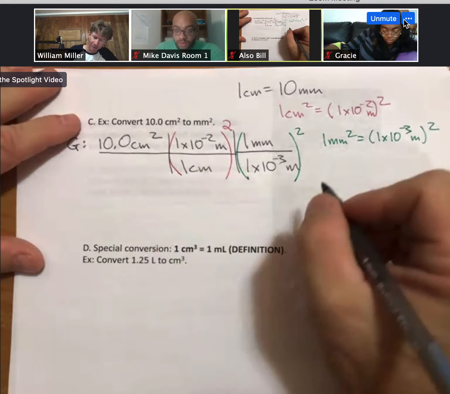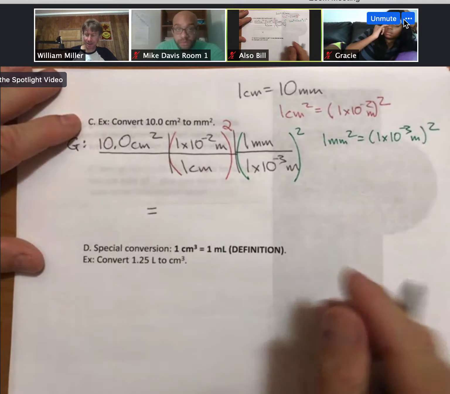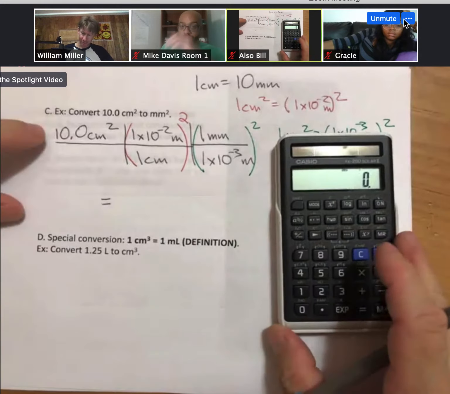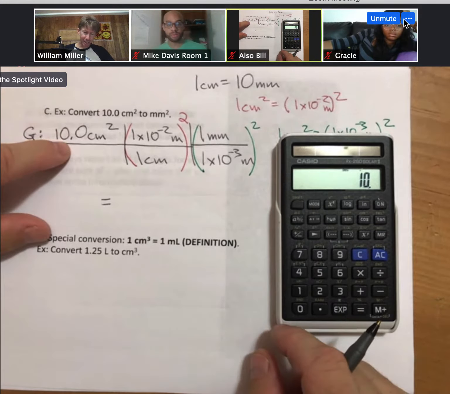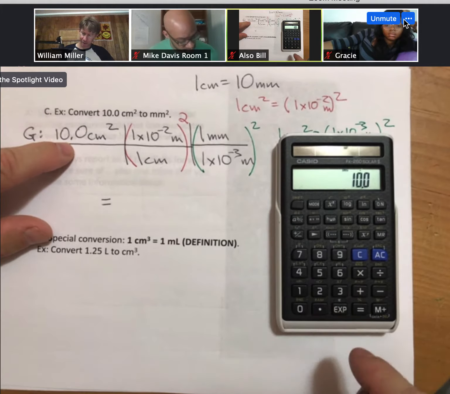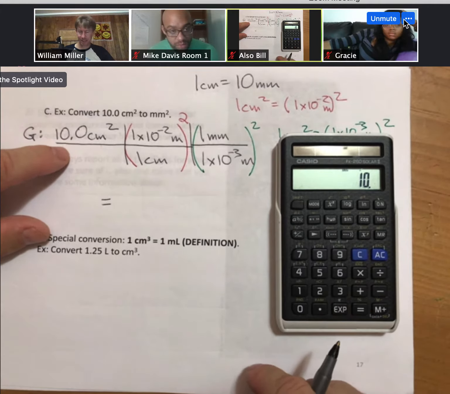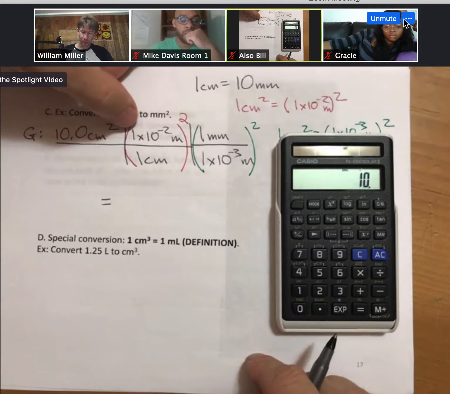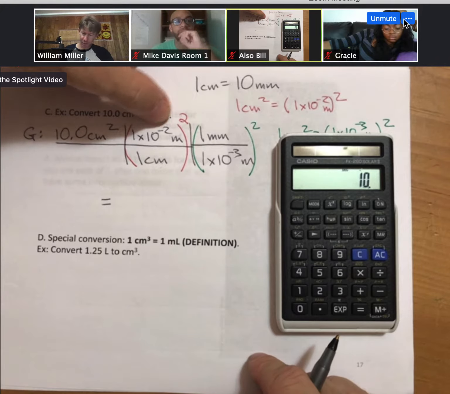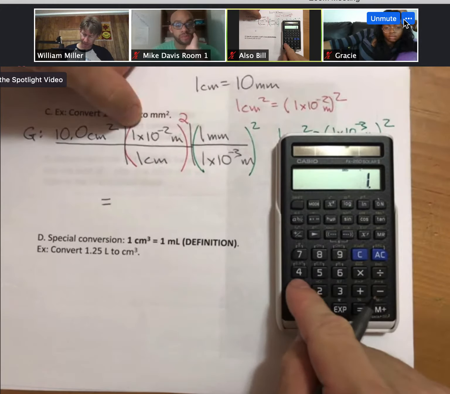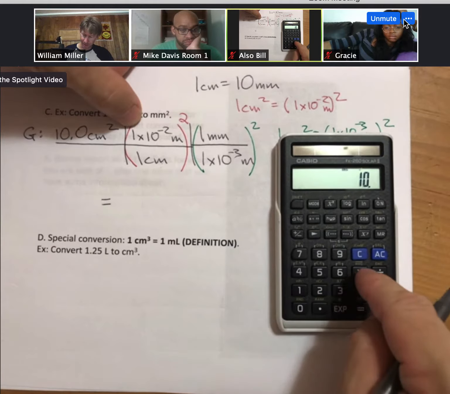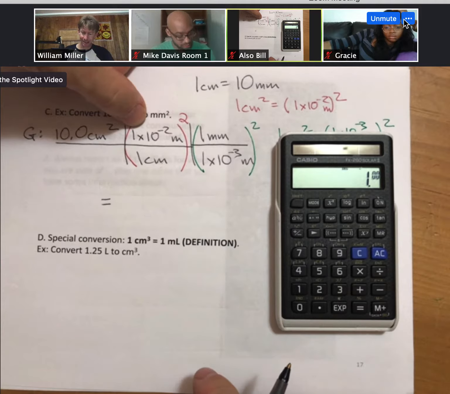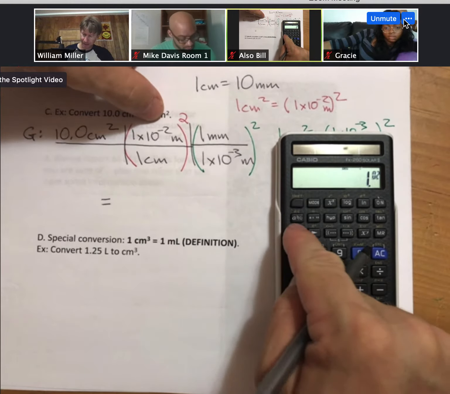All right. So now, how to do this on your calculator? Well, there's the last problem. First, enter in 10. You can enter in just 10, or you can enter in 10.0, but the calculator just thinks it's 10 anyway. Now on the top, I have 1 times 10 to the minus 2 squared. So let's do 1, hold on, did I enter in? No, so multiply. 1, exponent button is times 10 to the minus 2.